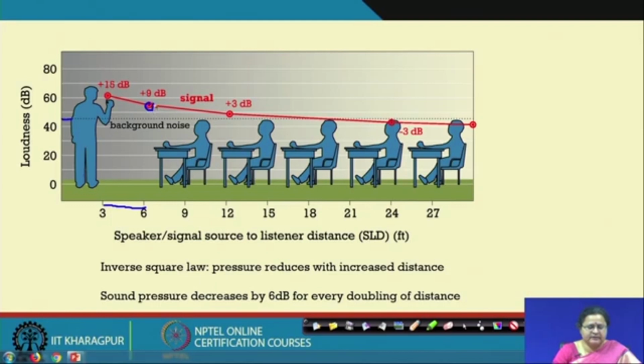So, you get a 9 dB sound reduction here, only for the source sound. Then when you move to 12 feet distance, the source sound has gone down from 9 dB to 3 dB, and at 24 feet distance, the source sound has gone down by another 6 dB, that is, to minus 3 dB.